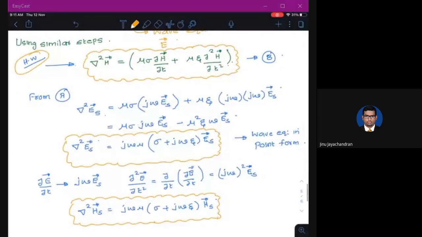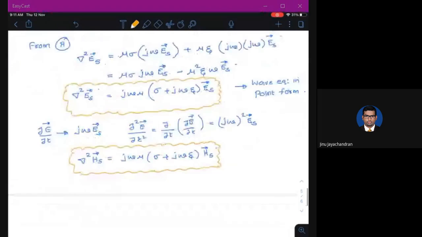Okay, so that completes our derivation of wave equation. The next class we will look at how to solve the wave equation and find out and analyze the result. So this we have actually already seen in transmission lines. The equation is similar to the voltage equation in transmission lines actually. And we see that there will be a transmitted wave and reflected wave.